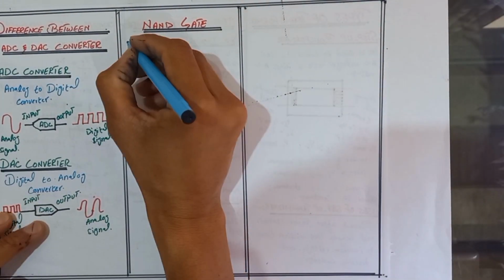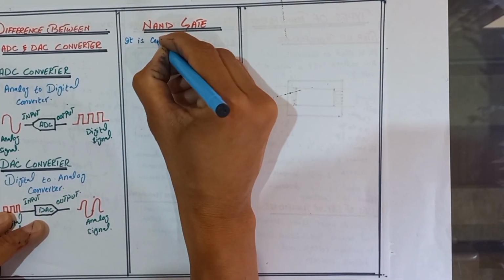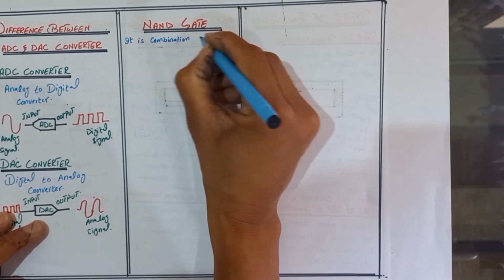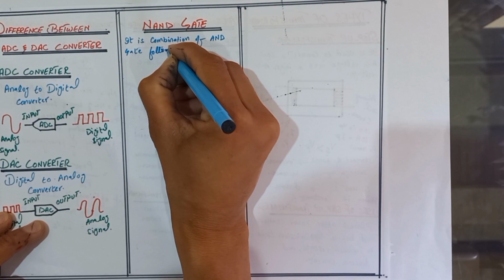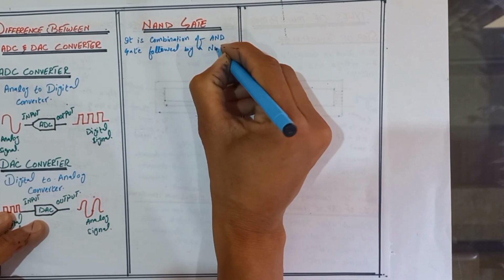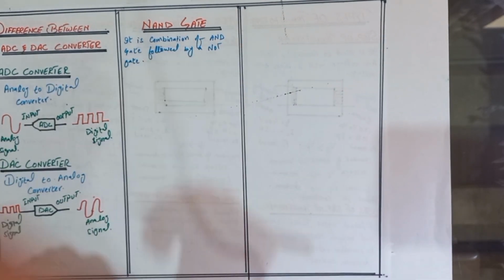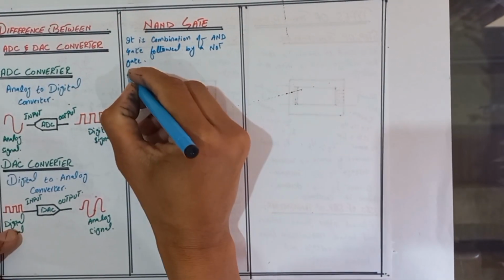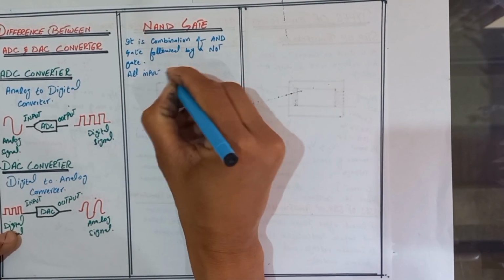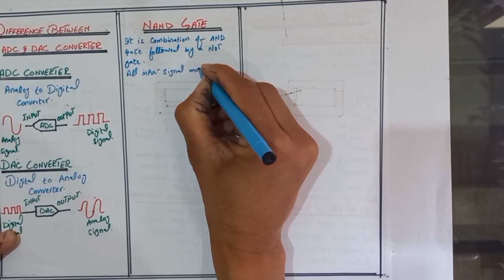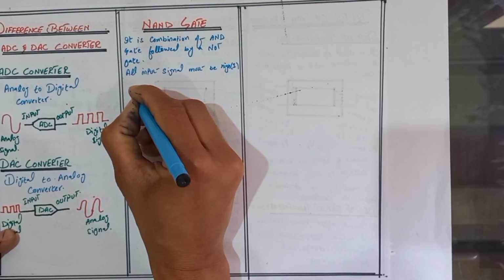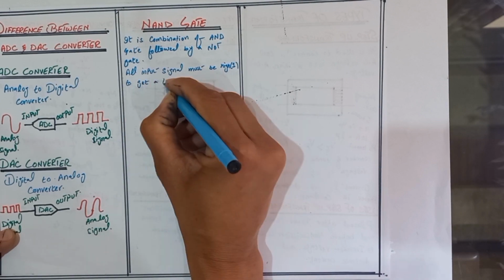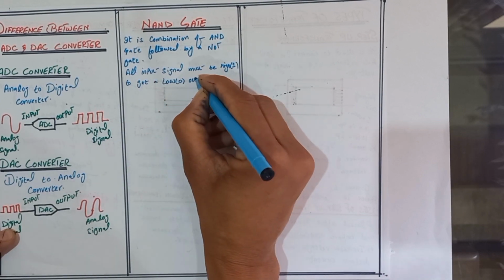Now we discuss the NAND gate. It is a combination of an AND gate followed by a NOT gate. All input signals must be high, 1, to get a low, 0, output.